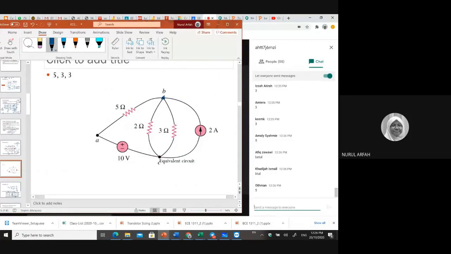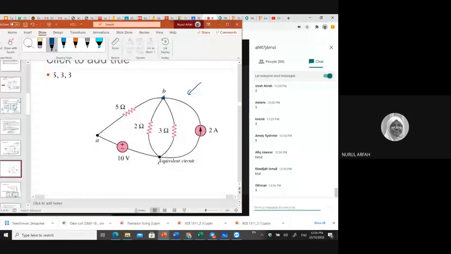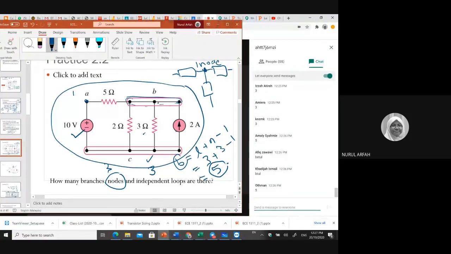And another way to draw your circuit is like this. This is the same circuit as your previous slide. It's just that they put this at one single point. So you have B here. So do not be afraid if I give you a question like this, because you're going to see many examples where the question will be like a box, a circuit.